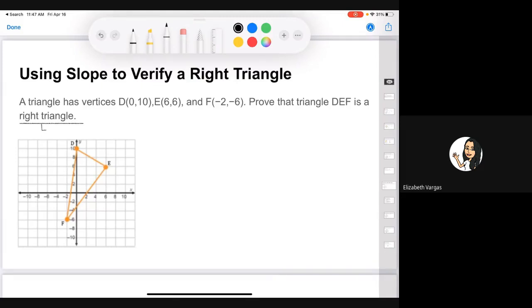So my two lines which create that right angle have to have negative reciprocal slopes. And if they have negative reciprocal slopes, that means they are perpendicular, which means that they intersect at a right angle.